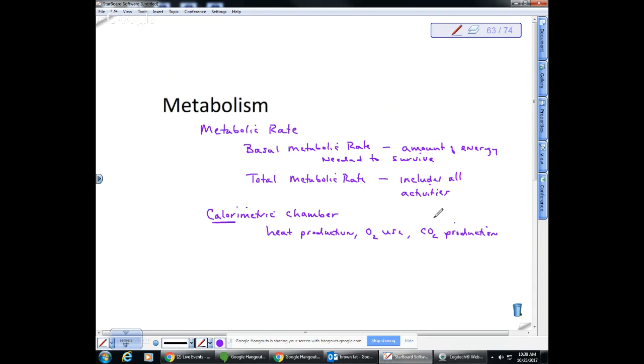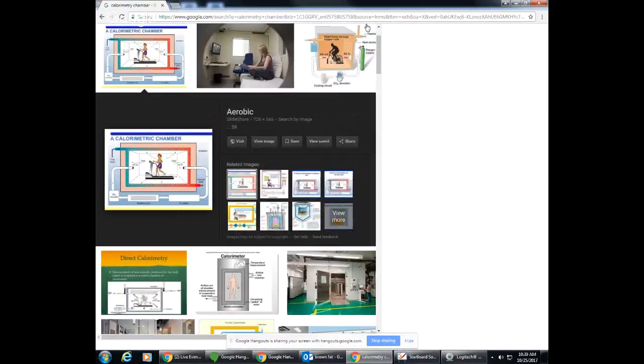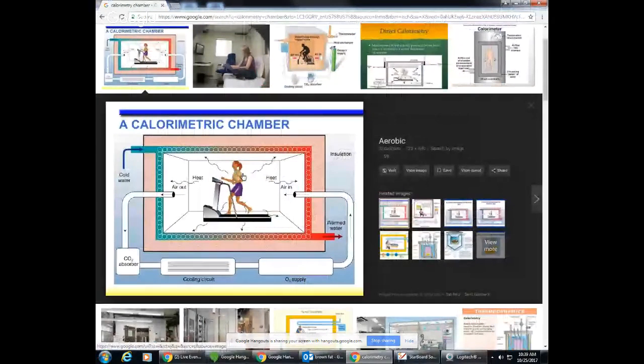We have to take into consideration heat because as we metabolize things, one of the byproducts is heat, and so we lose heat to the environment because we are endothermic organisms. So they have constructed these little chambers, and they're actually quite interesting. This isn't a very good picture of one, but this is an example of a chamber, and you could put somebody in this chamber.